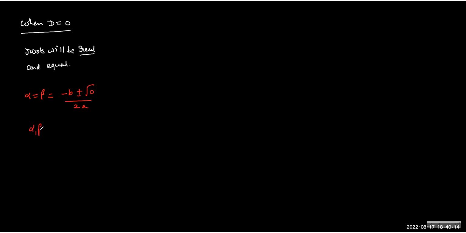So alpha and beta both will be the same. So how many roots do we have? 1 or 2? Tell me guys, how many roots do we have here? 1. Oh, so we call this 2 roots. We always have 2 roots. Alpha and beta are the roots. So we call them repeated roots.